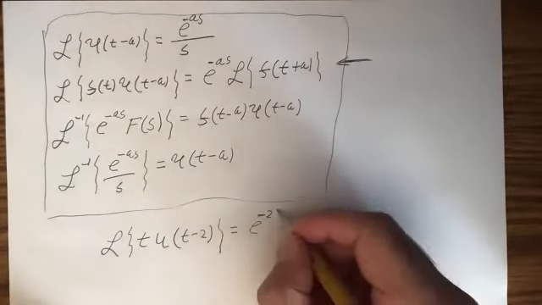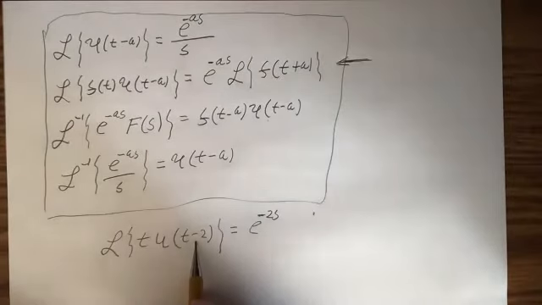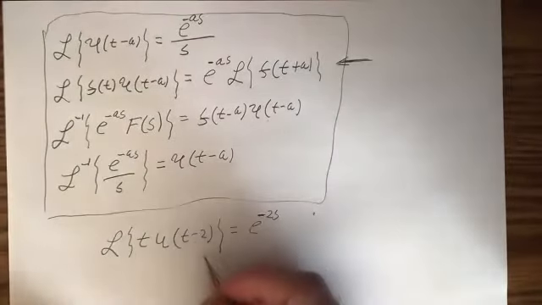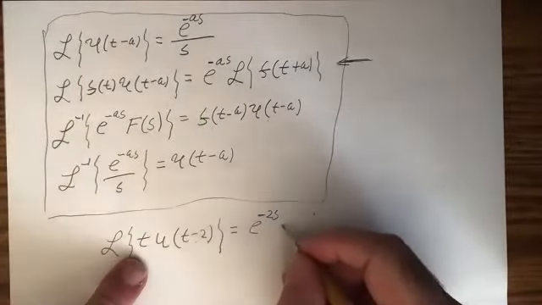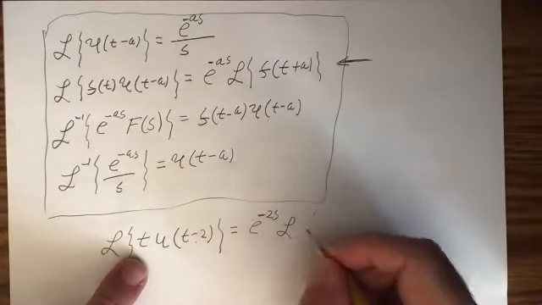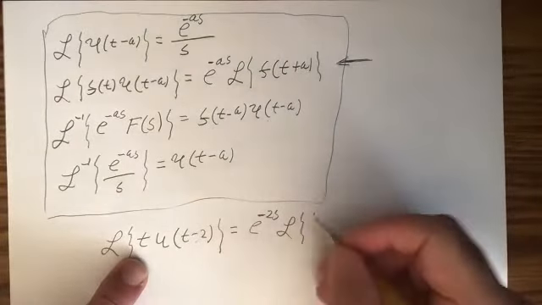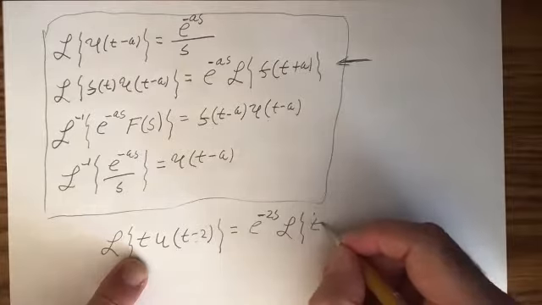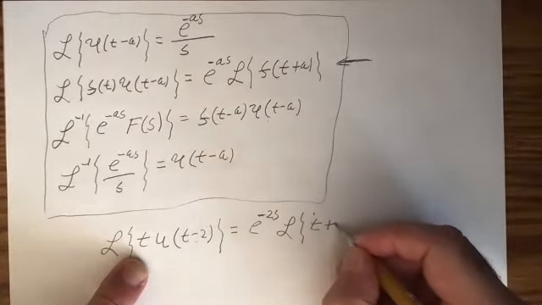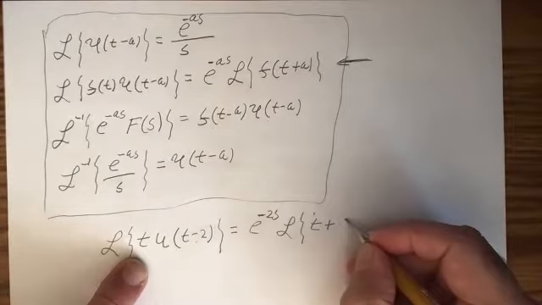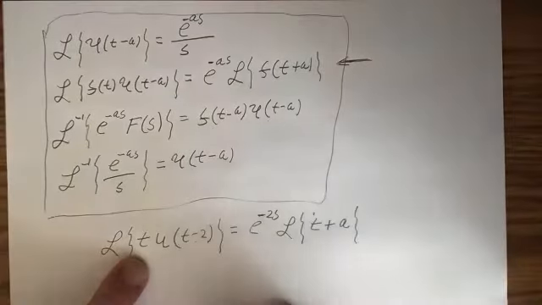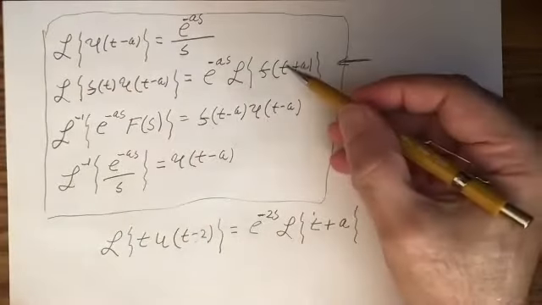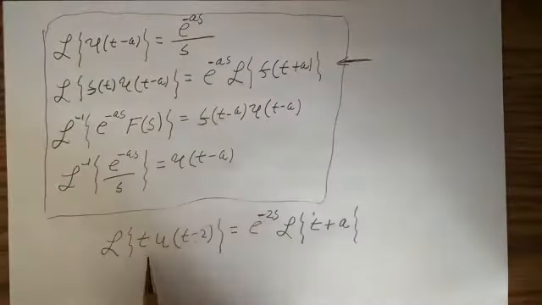I got this 2 here, and then it's going to be t. Let me not skip a step. It's going to be the Laplace transform of t plus a in this case, right? I got to add the a.